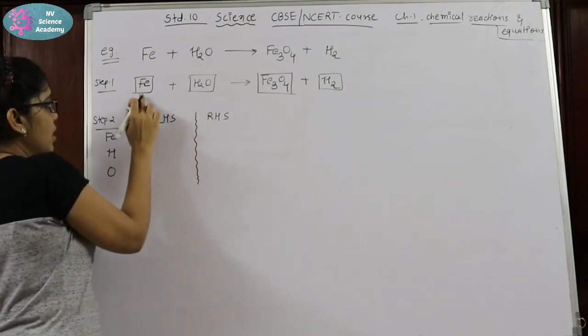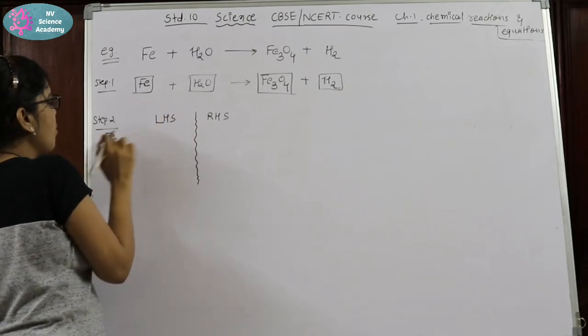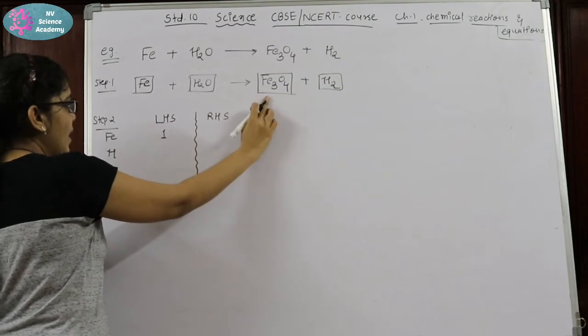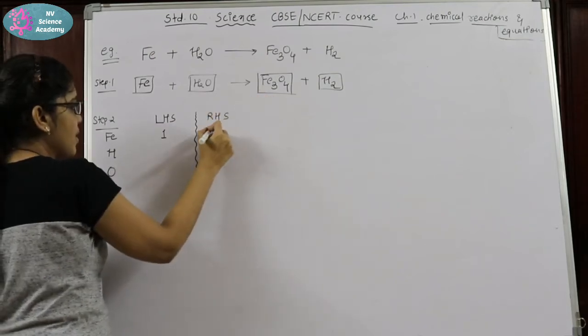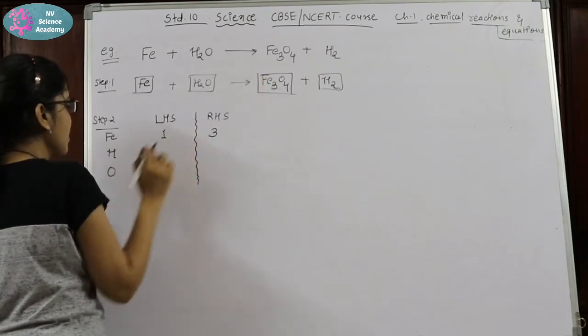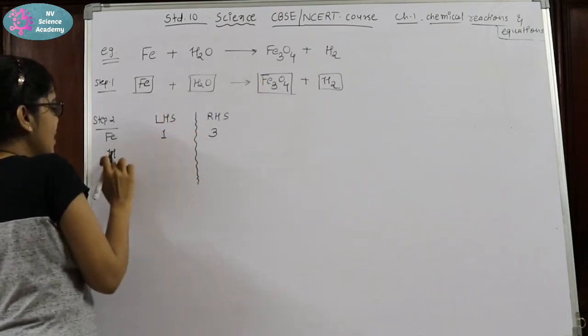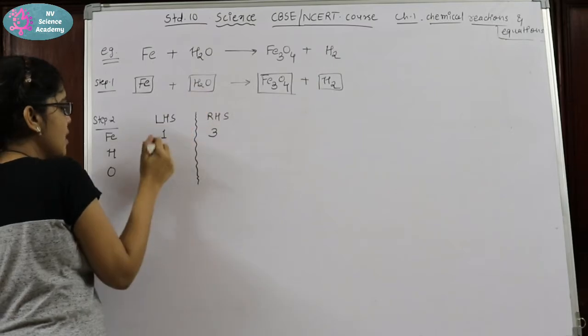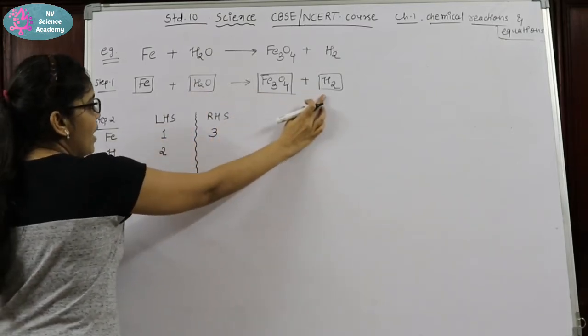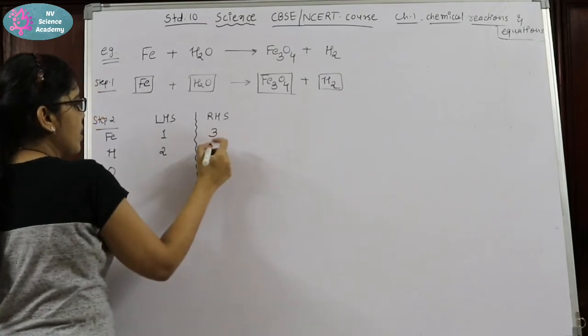So here on the left hand side the number of Fe atoms is 1, whereas on the right hand side the number of Fe atoms is 3. In LHS the number of hydrogen atoms is 2, and in RHS, right hand side, the number of hydrogen atoms is 2.